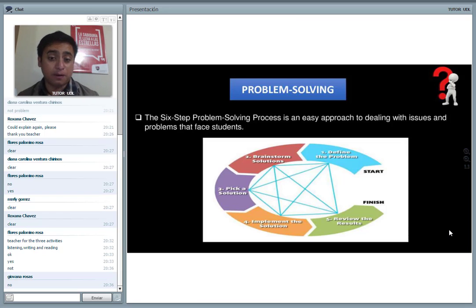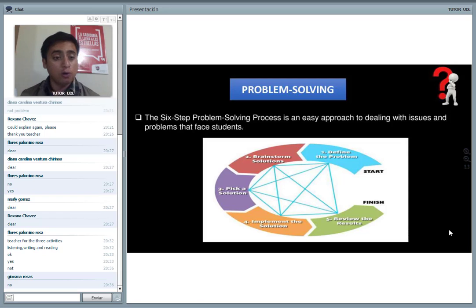Once you have everything ready, you can present the solution to the whole class. This is the correct cycle or steps that you need to follow with your students if you want to use a problem-solving activity.